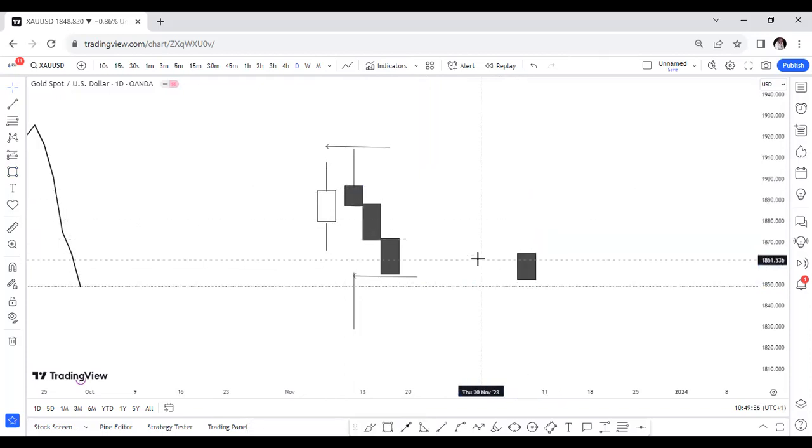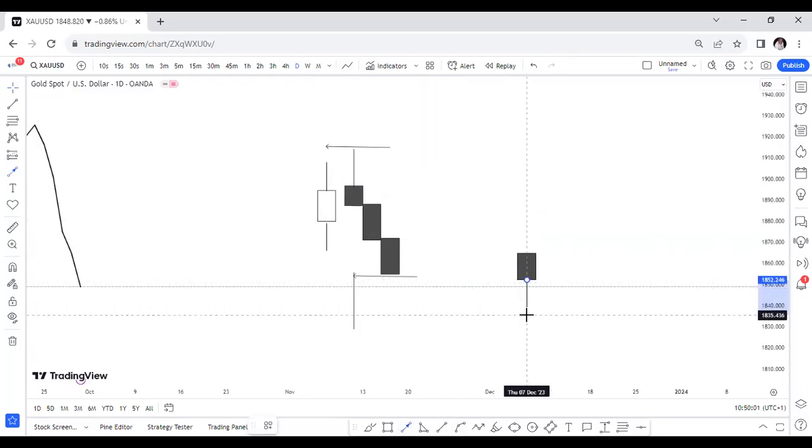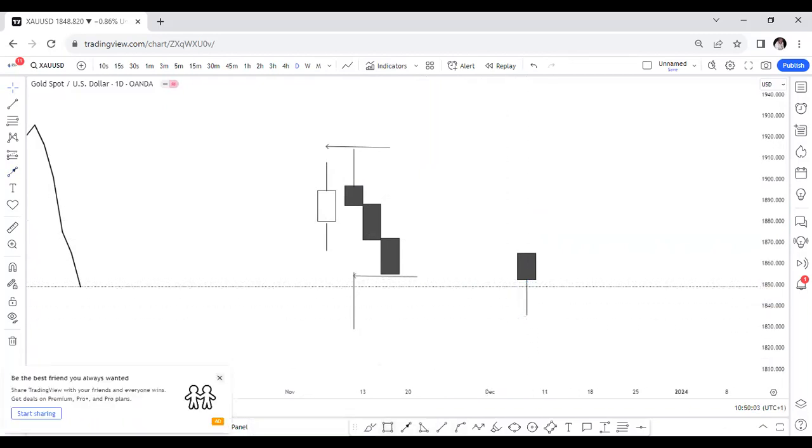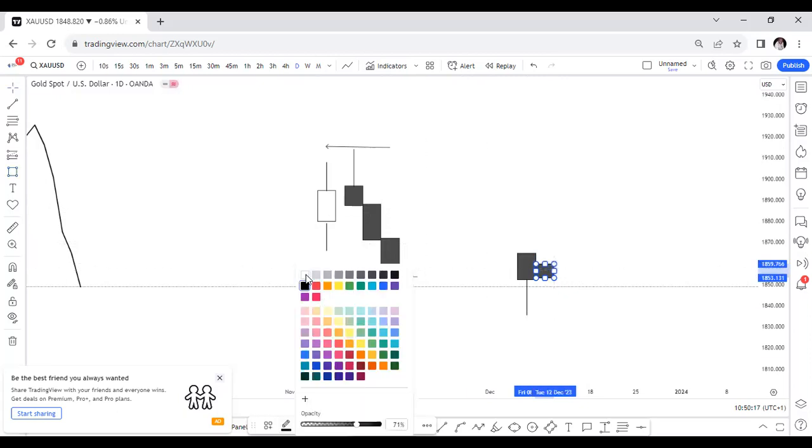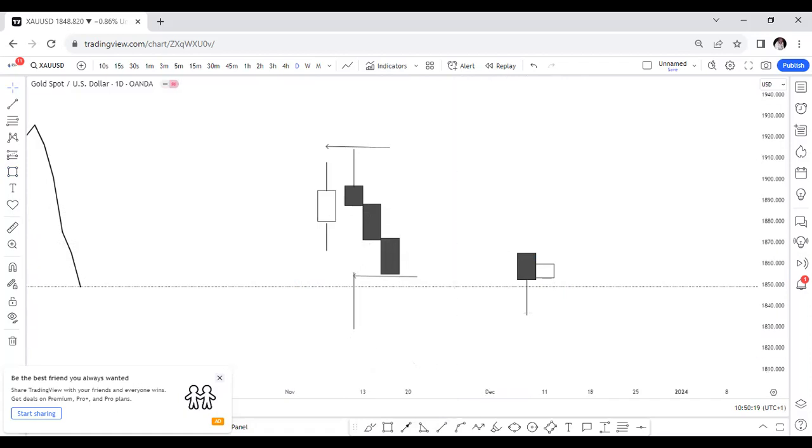For bearish engulfing, you may have that as a shorter body with a long wick. Then you may have this like this. It could be in this form.